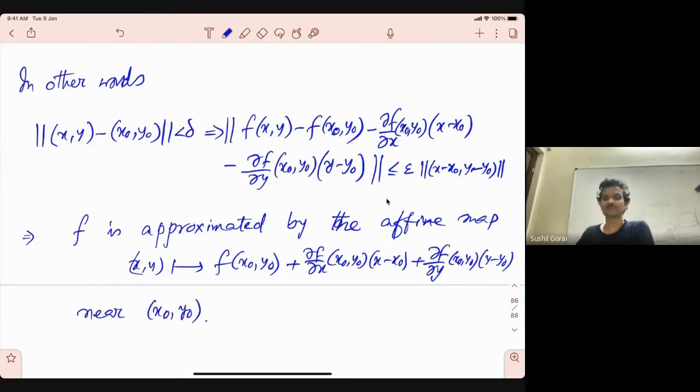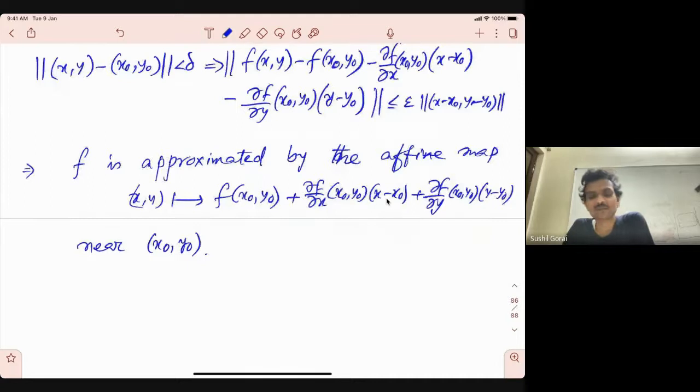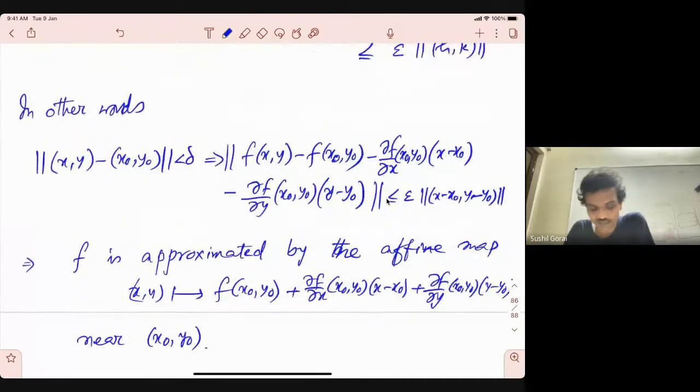This is fine. So the same thing, the tangent space also gives an approximation to the graph, the surface. That is an interesting point.